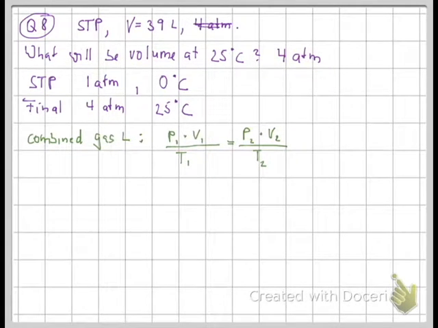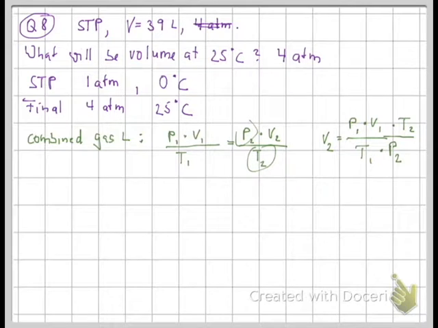So make sure V2 is on, let me see if I can squeeze it here at the end. V2 equals, so essentially we have to leave P1 times V1 over T1 intact just like it is, but we have to move the P2 and T2 over to the other side. So we divide by P2 and multiply by T2. That gives us V2.